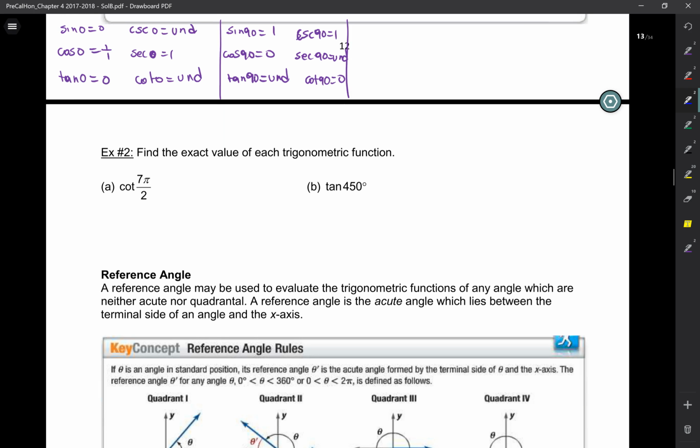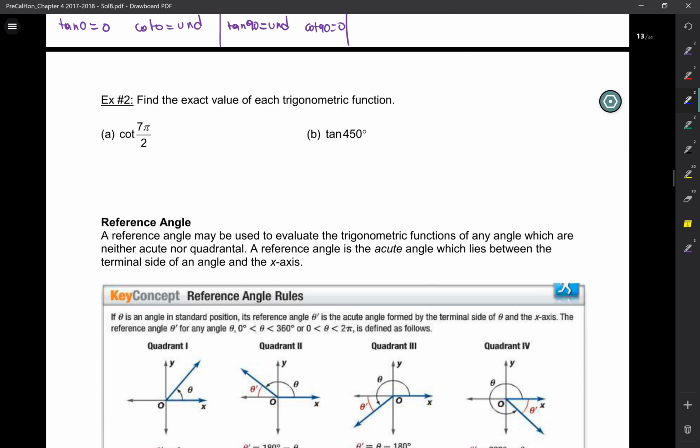Okay? All right, so let's take a look at this. It says to find the exact value of each trig function. So I have 7 pi over 2. How many pi is that? Is it 3 pi? 3.5. It's 3.5 pi.